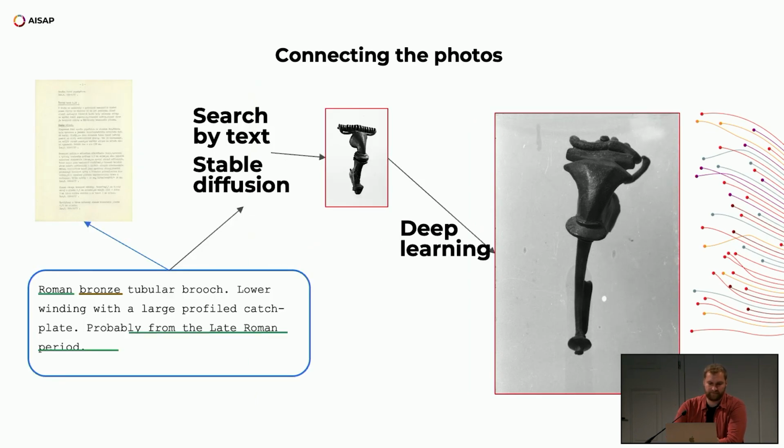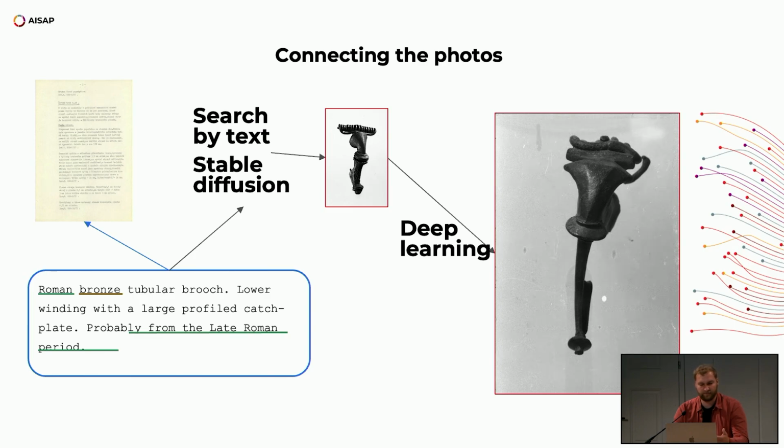Also, we are connecting in our database these photographs with the text from these fieldwork reports. So when we have a lot of data in our database already processed, we have connected text with photographs. So it is possible to search by text.